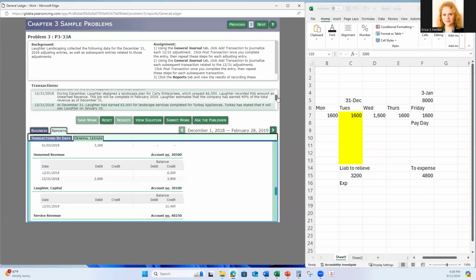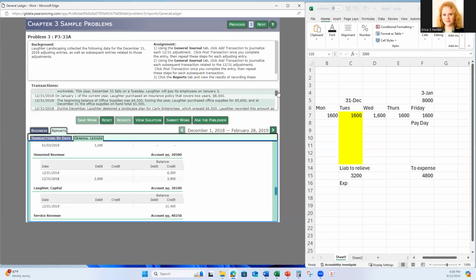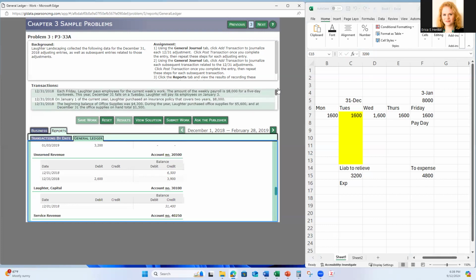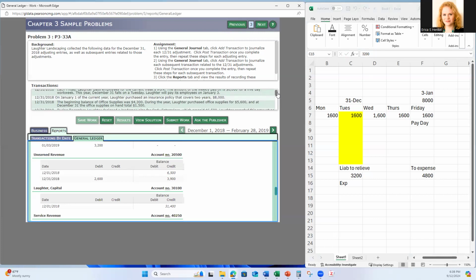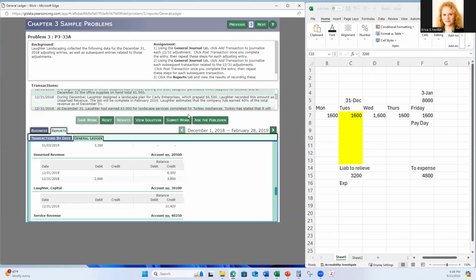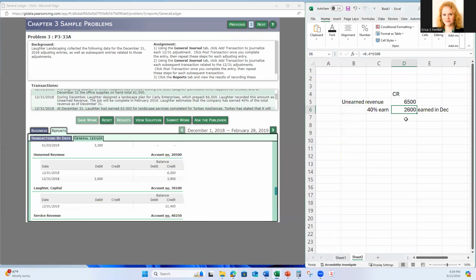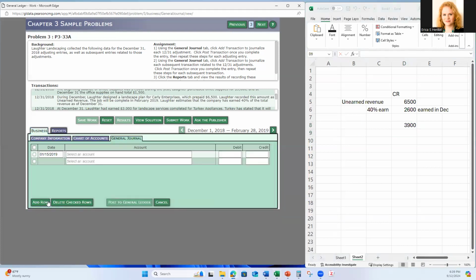So if we scroll back up here, that was this. So what we're doing is a follow-up to this entry from 12/31, right? Okay, so 6,500 minus the 40% that we already did, right? So leaves us with 3,900. So we're going to go ahead and record a transaction for that.